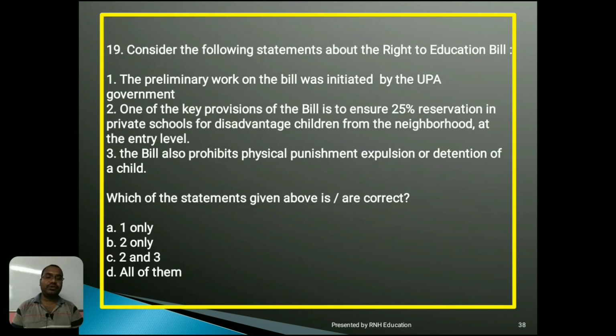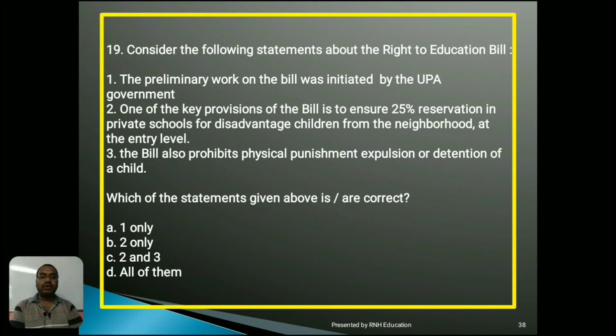The next question, that is question number 19. Consider the following statements about the Right to Education Bill. 1. The preliminary work on the bill was initiated by the UPA government. 2. One of the key provisions of the bill is to ensure 25% reservation in private schools for disadvantaged children from the neighborhood at the entry level.